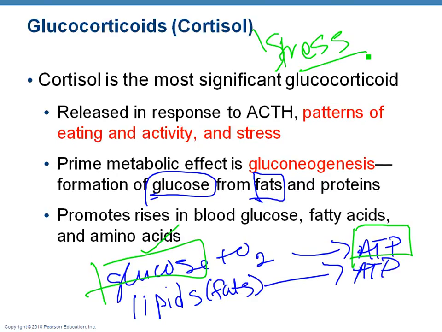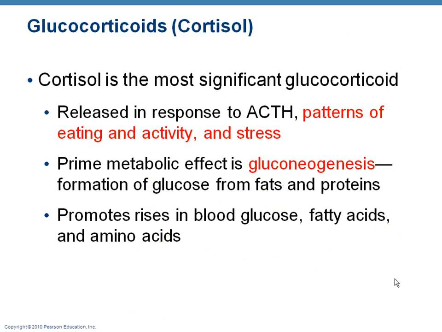And again, there's a lot more chemical waste when you're turning this lipid into glucose and then into ATP. So again, in a stressful situation, let's take our fats, let's turn them into glucose and then into ATP because we need it, but also let's conserve whatever glucose we have left over for the brain to metabolize and make ATP because it's easier for the brain to do it that way. Okay.